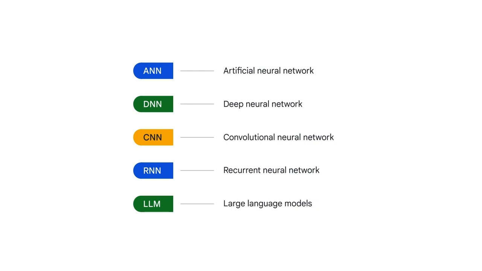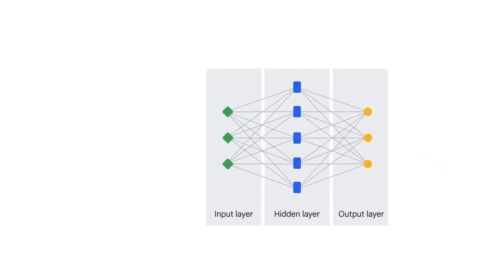All these models stem from the most basic artificial neural network, or ANN. ANNs are also referred to as neural networks or shallow neural networks. Let's focus on ANN to see how a neural network learns. An ANN has 3 layers: an input layer, a hidden layer, and an output layer. Each node represents a neuron.